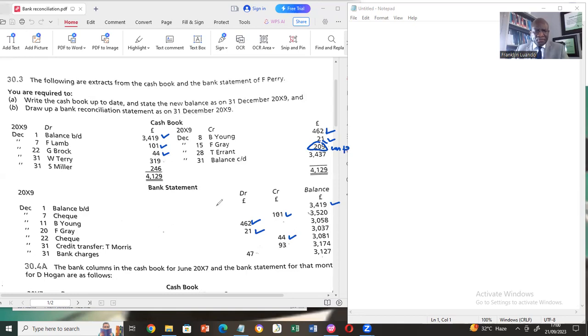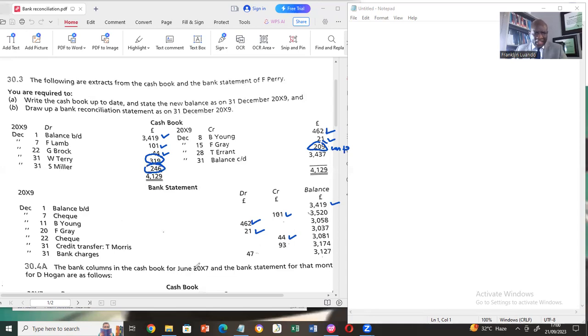On 31st, we received a check from G. Brook. That check was not cleared. This is an uncleared check. And on 31st, also, we received a check from S. Miller. That check is not on the bank statement. It was not cleared. This is an uncleared check.